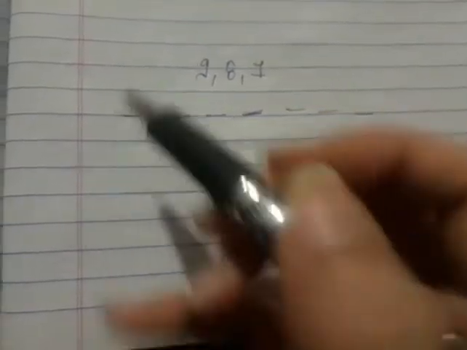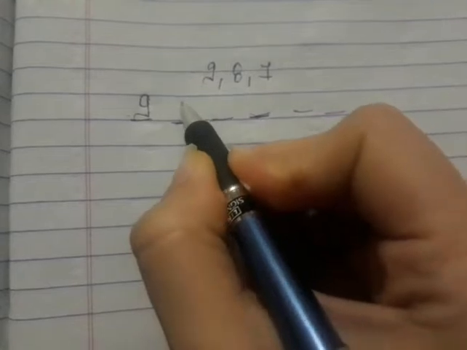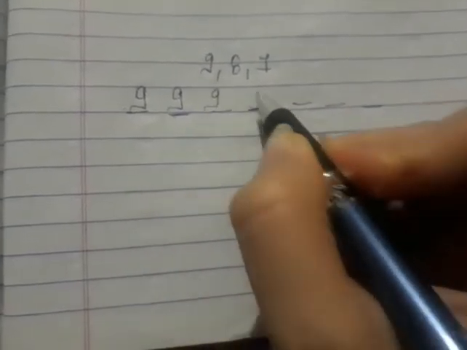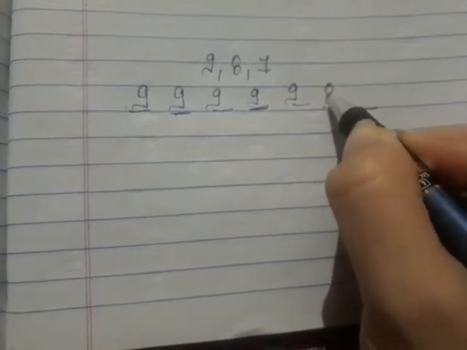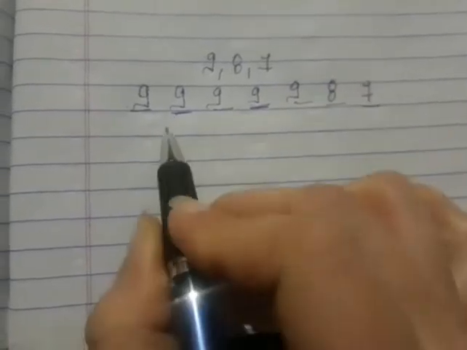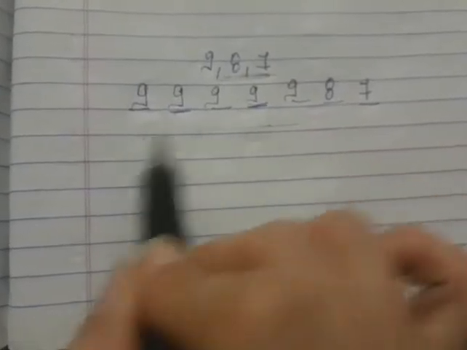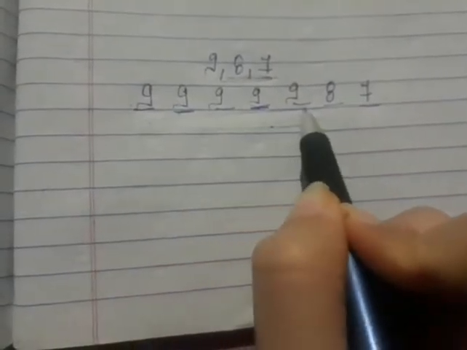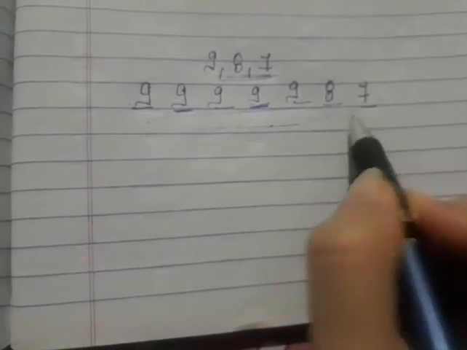So I'll put 9 here, repeating it as many times as I can, and then at last 8, 7. Here I have used all 3 digits in this number, repeating 9 as many times as I can and then arranging the remaining digits in descending order.